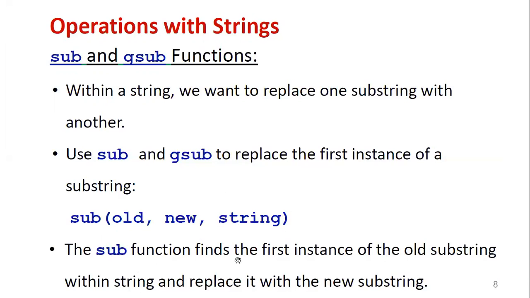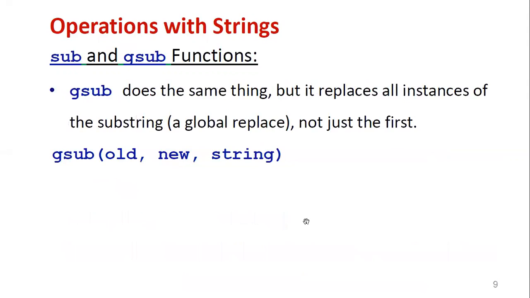The sub function finds the first instance of the old substring within the string and replaces it with the new string, a particular string only. Whereas gsub, in the entire string, wherever the portion is identified, the entire portion is replaced. We'll see one by one with examples.